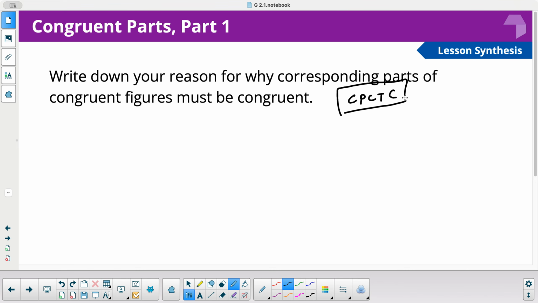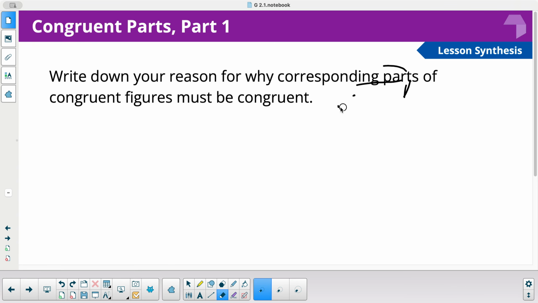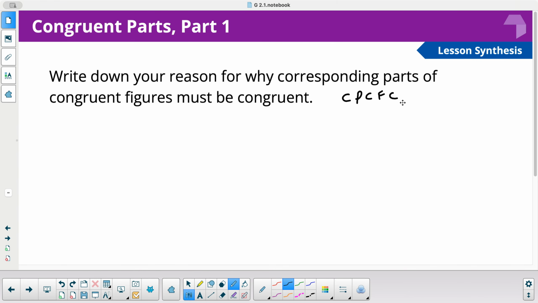Corresponding parts of congruent figures, congruent, CPC.